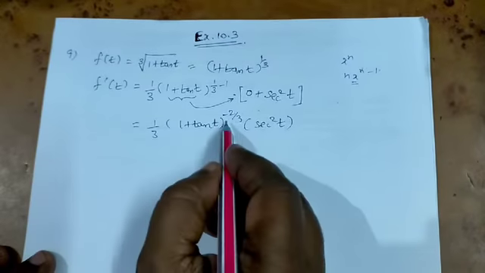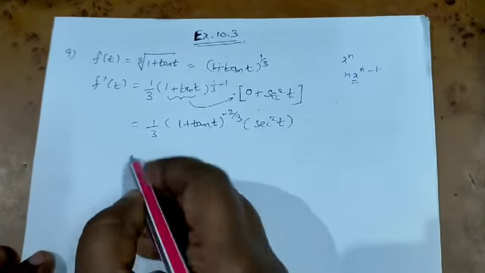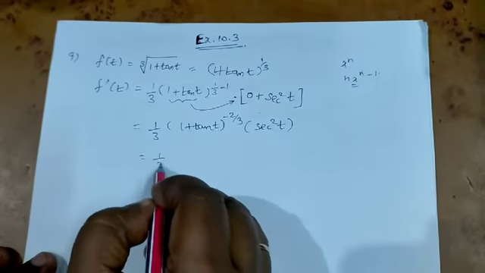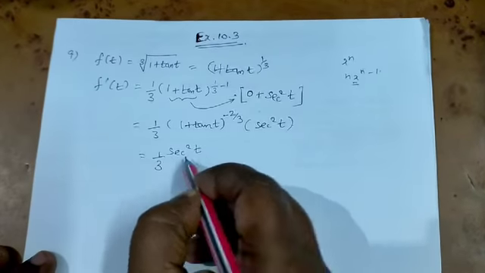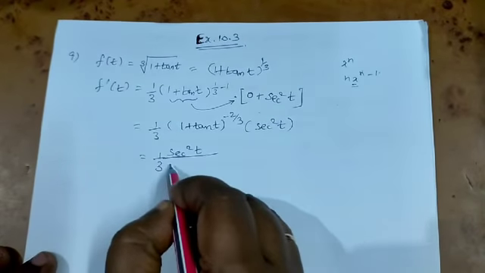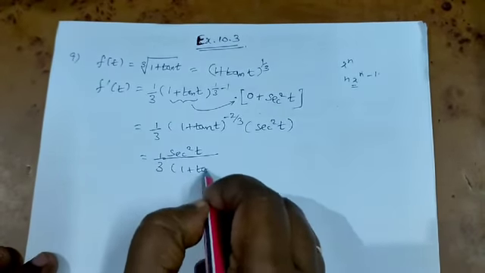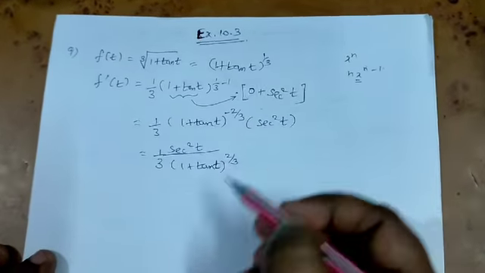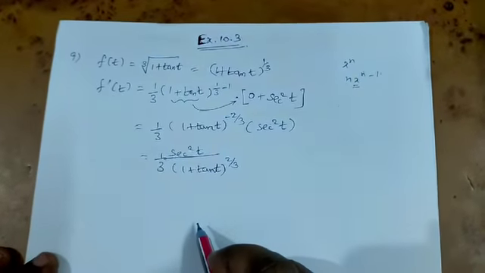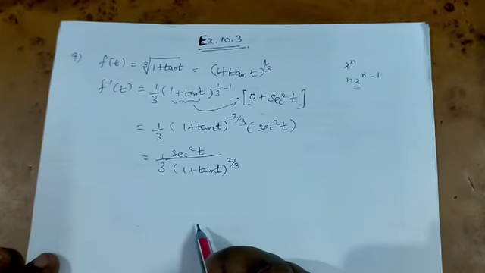Now you can bring this negative power to the denominator and it becomes 1 by 3 into secant square t divided by (1 plus tan t) whole power 2 by 3. This is the answer.